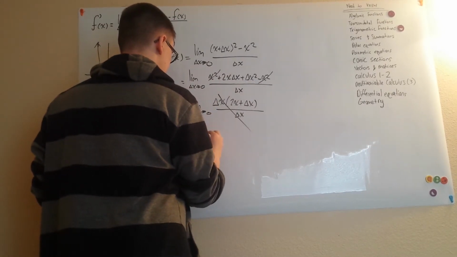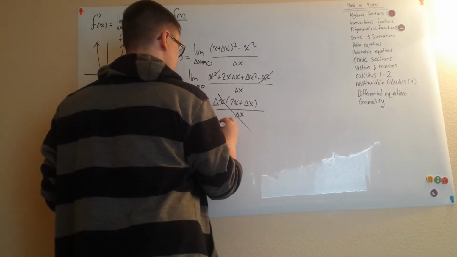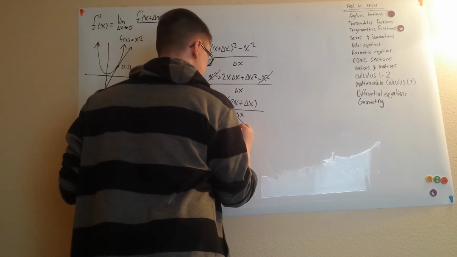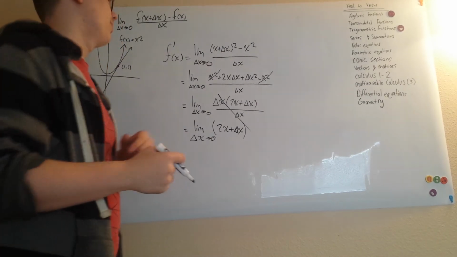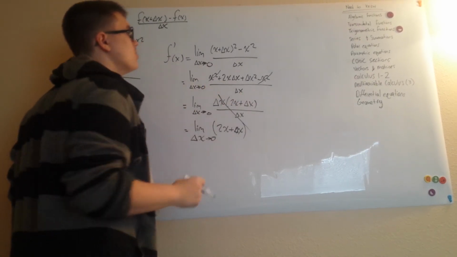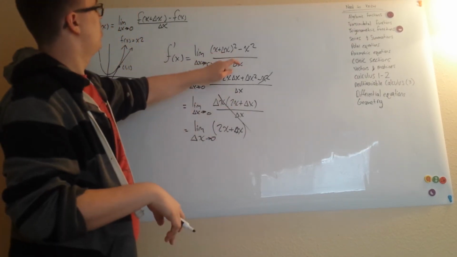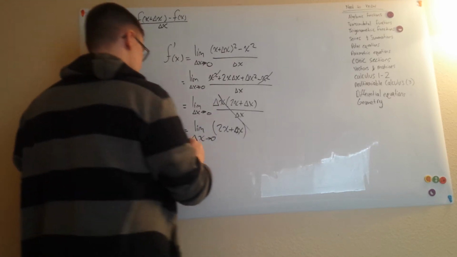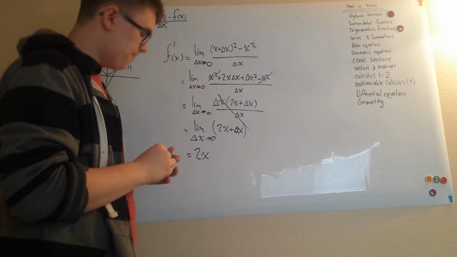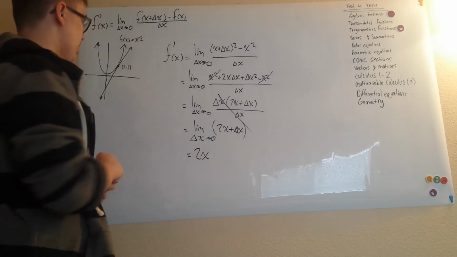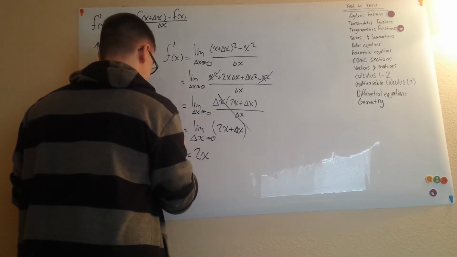Now we've got the limit as delta x approaches 0 of 2x plus delta x. We can just plug in 0 now. Everything's okay. We don't get 0 over 0 like we did there. We get 2x. What is that? That's f prime of x.